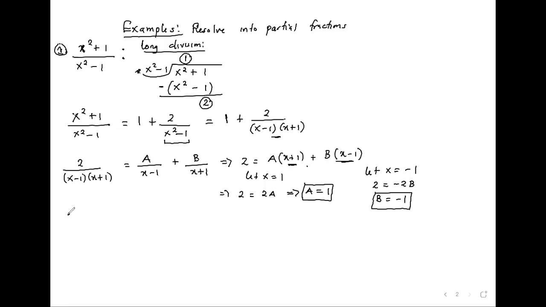So you're saying therefore (x squared plus 1) over (x squared minus 1) is equal to 1 plus A, which is 1 over (x minus 1), minus B, which is -1. That's how I put a minus over (x plus 1). That's how you do partial fraction decomposition.